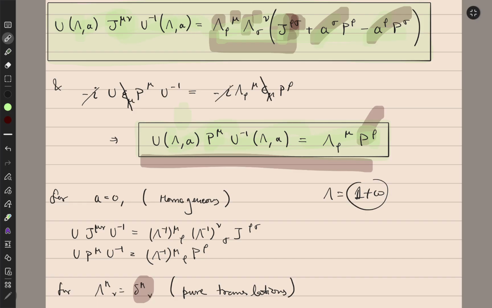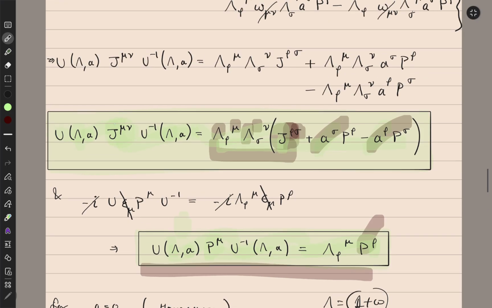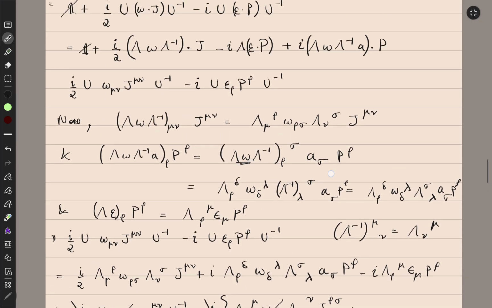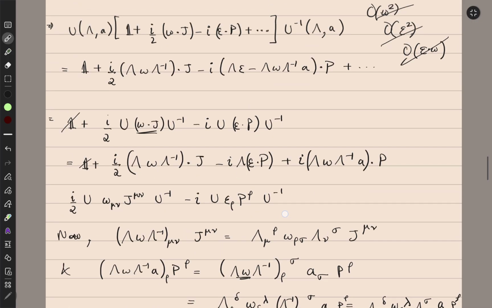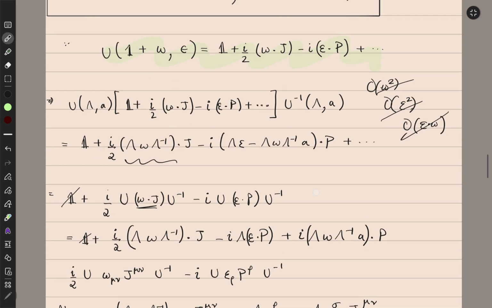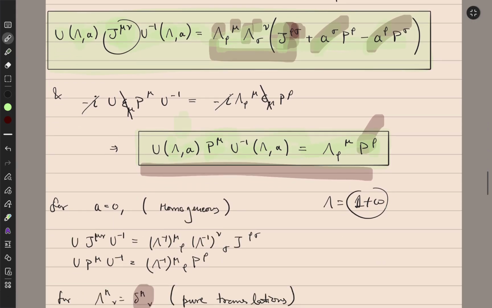Now this omega is different from the omega that we used to reach this step, because here as well we use infinitesimal transformations, but we should think of that omega as a different one. We can call it omega bar if you want, but since all the omegas cancel in the process, we can just use this omega label once again. It's fine, but in principle it's a different one.